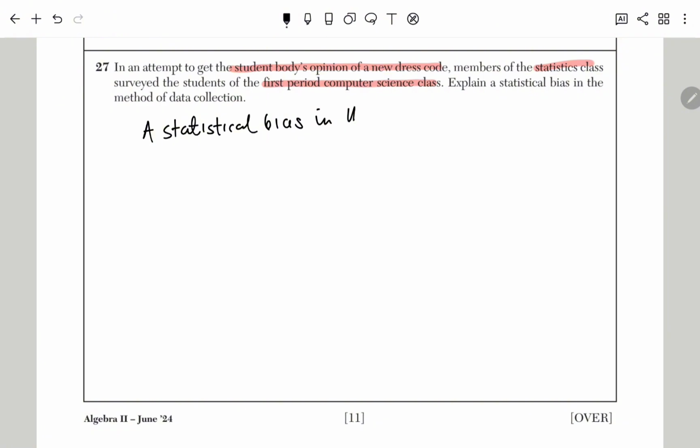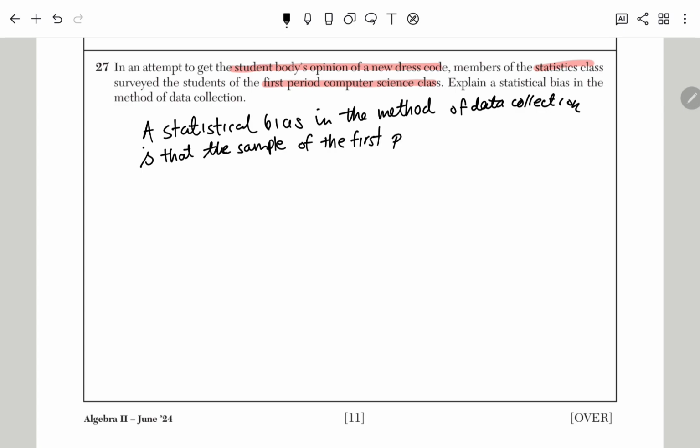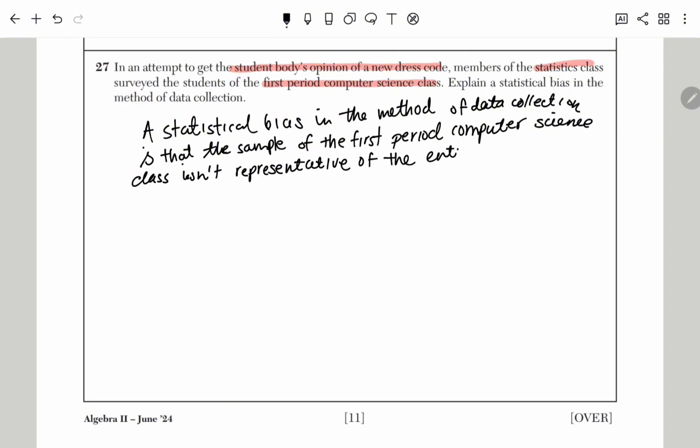So a statistical bias in the method of data collection is that the sample of the first period computer science class isn't representative of the entire student body.